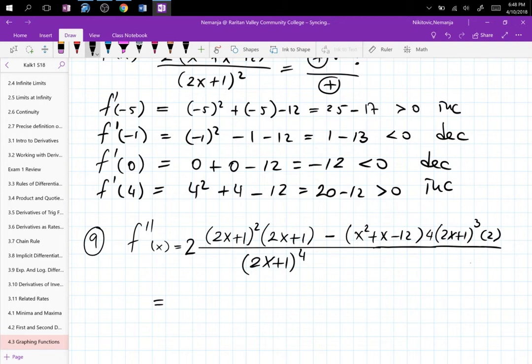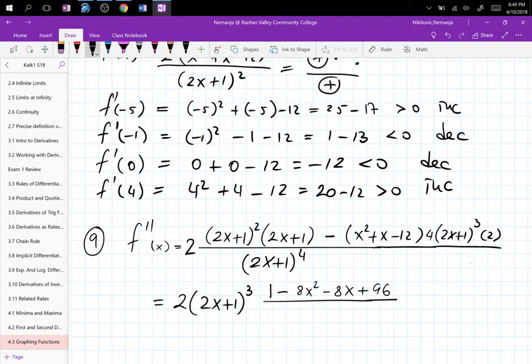So 2x plus 1 cubed, 2x plus 1, I can kick that out. So 2 times 2x plus 1 cubed. And what's left from the first one is 1 minus, that's all gone, that's 8x squared minus 8x plus 8 times 12 is 96, right? Divided by 2x plus 1 to the 4th.